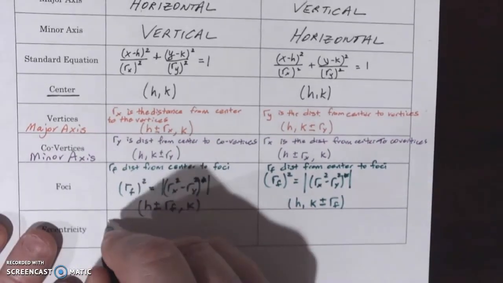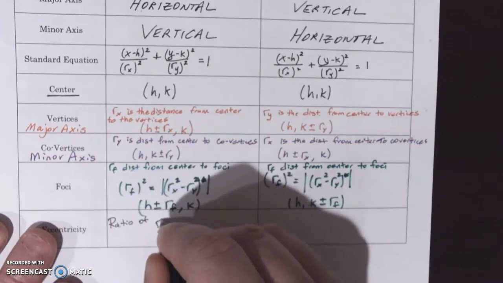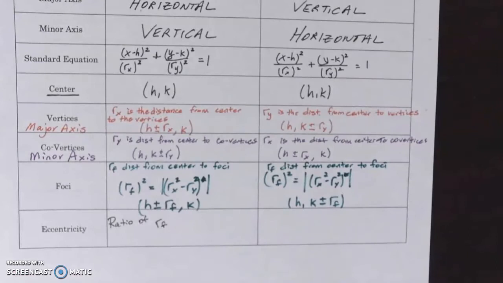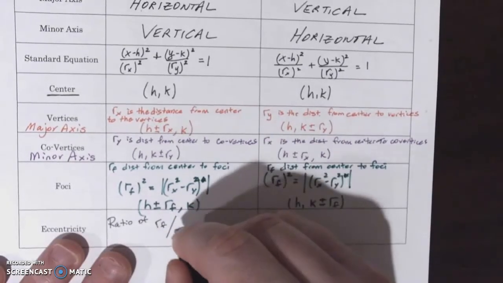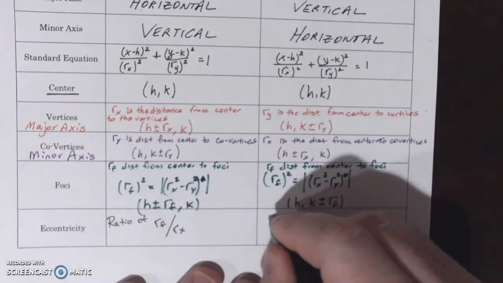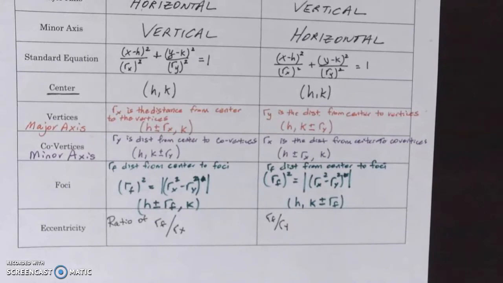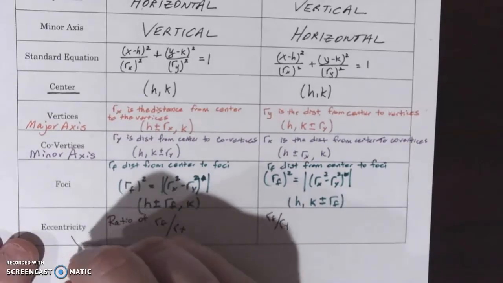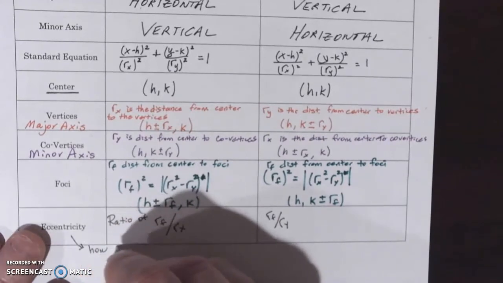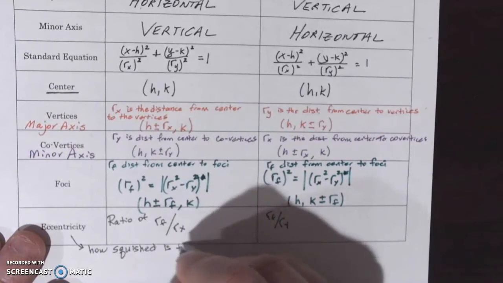The eccentricity is the ratio of the distance from the center to the foci over the distance from the center to the vertex. Or in this case, r sub y. And it's just a ratio. And the eccentricity is how squished the ellipse is.